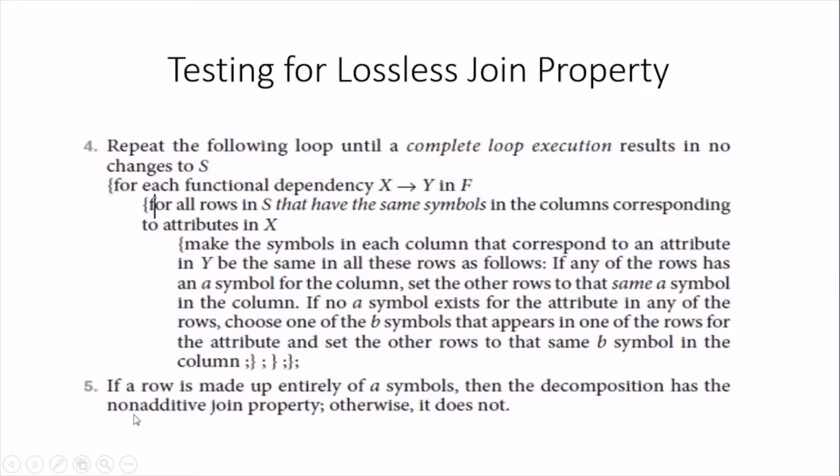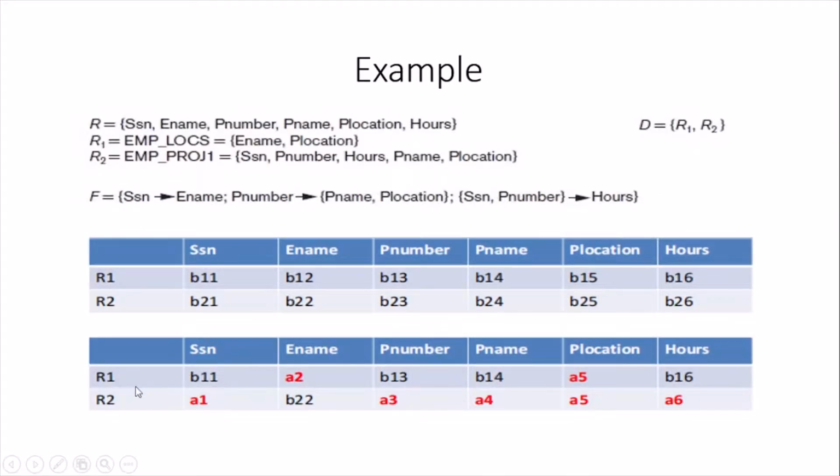And the last step says if a row is made up entirely of A symbols, then it has the non-additive join property. So here R1 is B11, A2, B13, B14, A5, B16, and R2 is A1, B22, A3, A4, A5, A6.